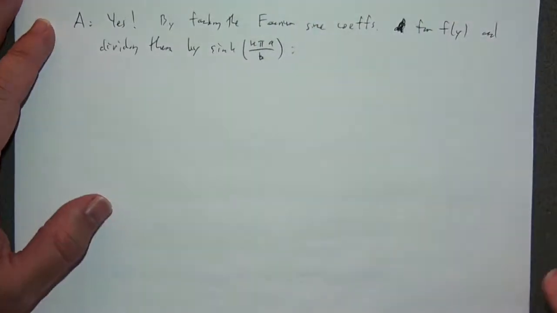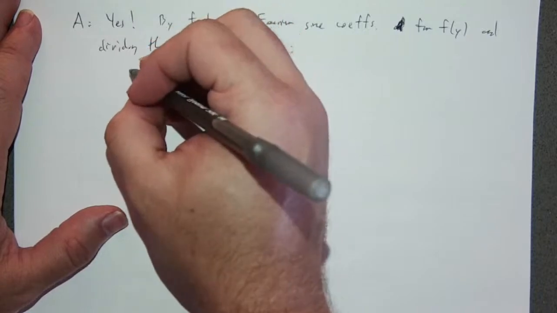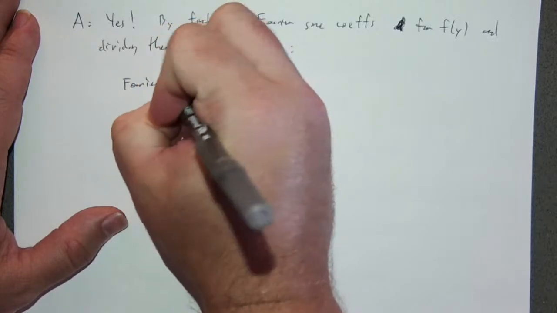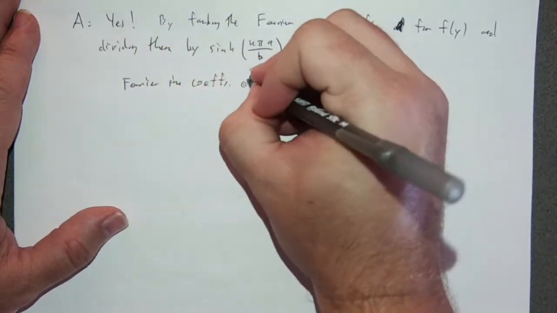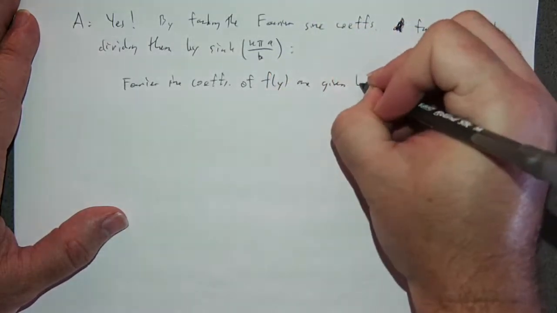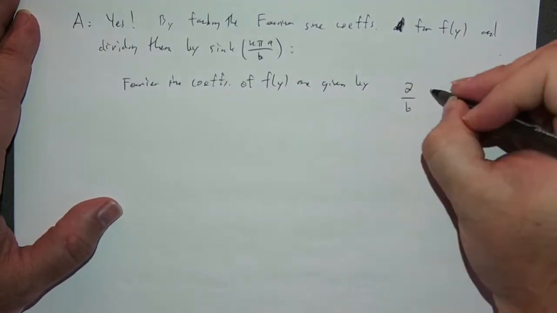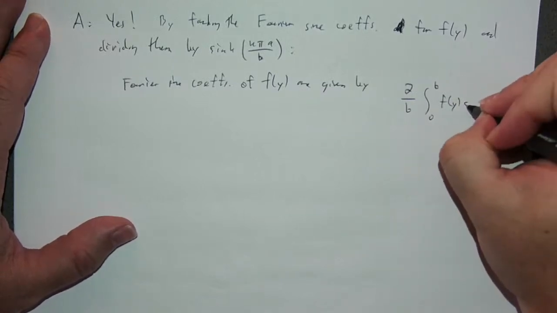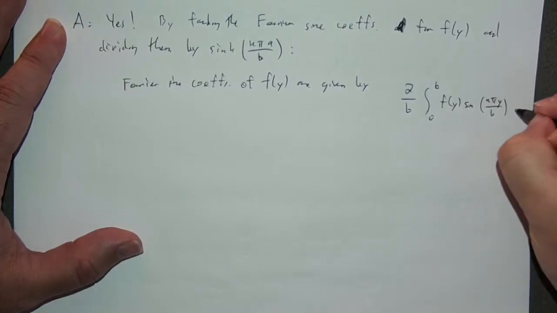And to see how this works, recall, the Fourier sine coefficients of f of y are given by 2 over the length here, which is b, times the integral from 0 to b of f of y sine of n pi y over b dy.